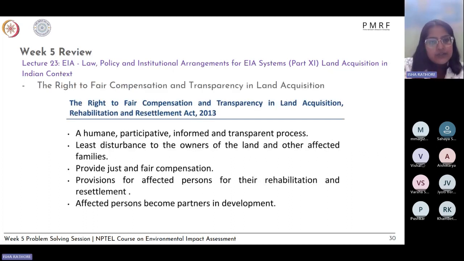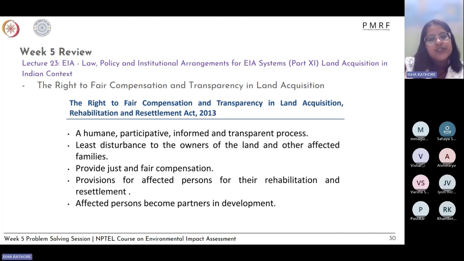But we have the right to fair compensation and transparency in land acquisition. So this is the Rehabilitation and Resettlement Act, which was passed in 2013. This is a humane, participative, informed, and transparent process. It is done so that the least disturbance is faced by the owners of the land and other affected families, and it provides just and fair compensation for your land which is being acquired for whatever project.